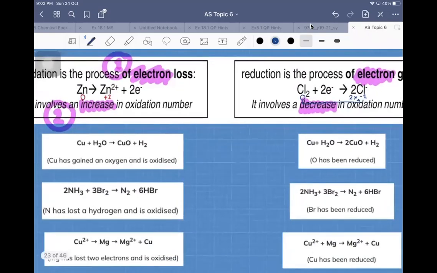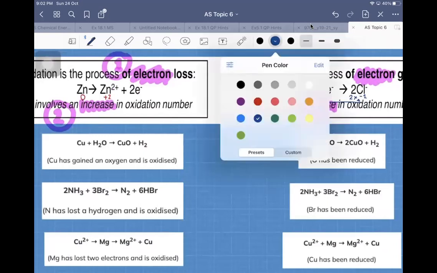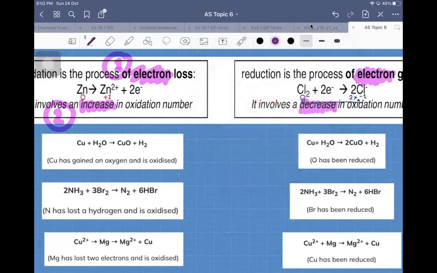The third way of spotting oxidation and reduction is by oxygen, whether you have lost or gained oxygen. Here it's not easy to see, but you can see that the copper becomes CuO.